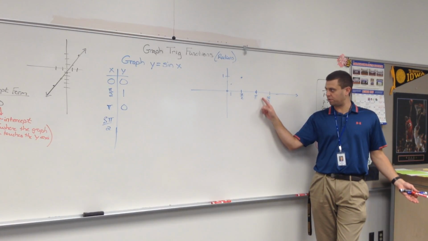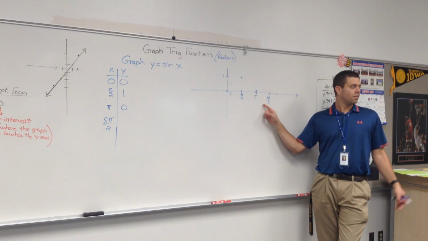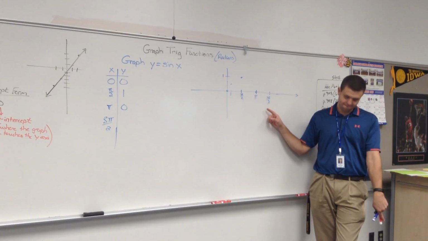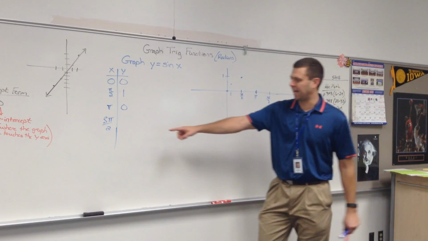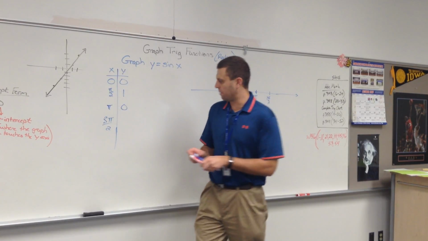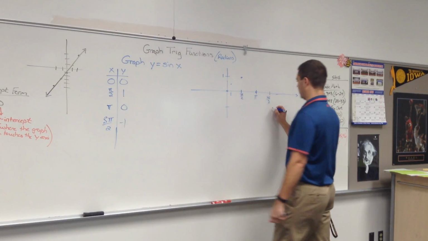Negative root 2 over 2. How about the sine of 240? Negative root 3 over 2. How about the sine of 270? Negative 1. So when I get to 270 degrees, aka 3 pi over 2, I'm going to be down here at negative 1. We're going to go back up to 0.